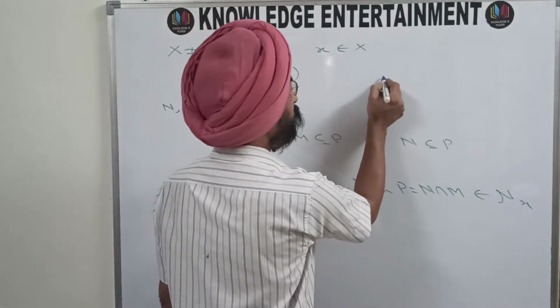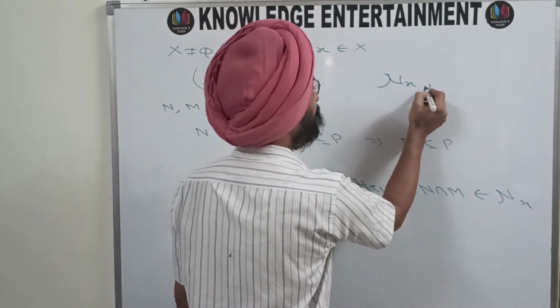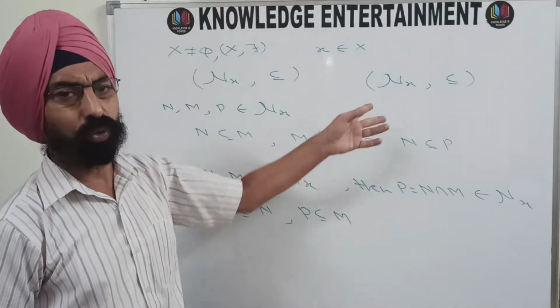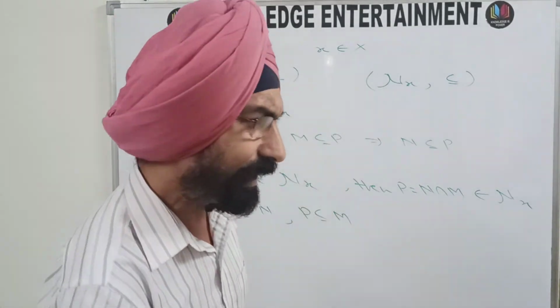So that means your neighborhood system of X along with the subset of relation is also a directed set.